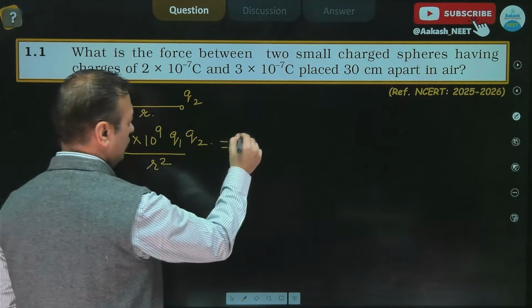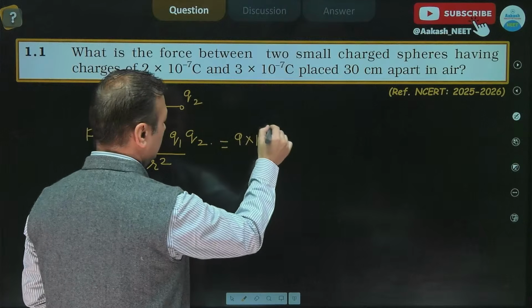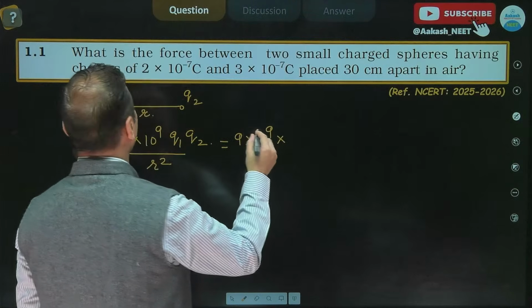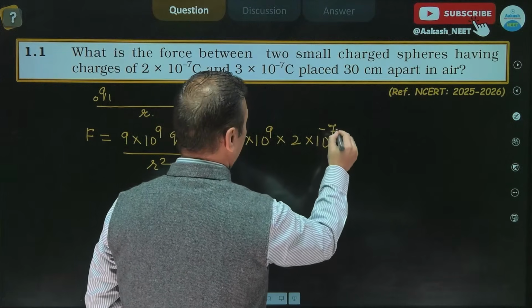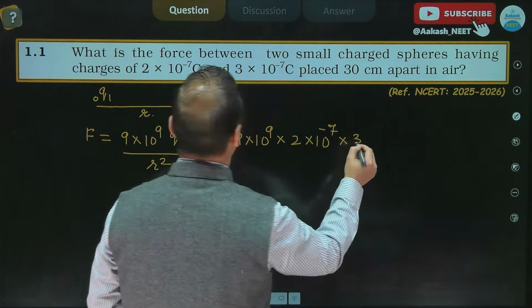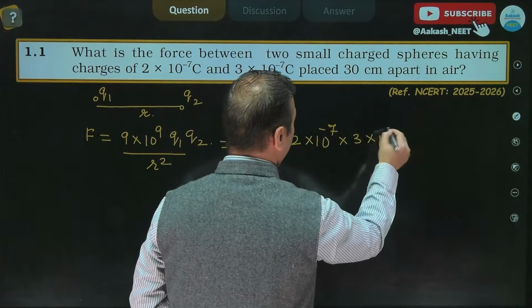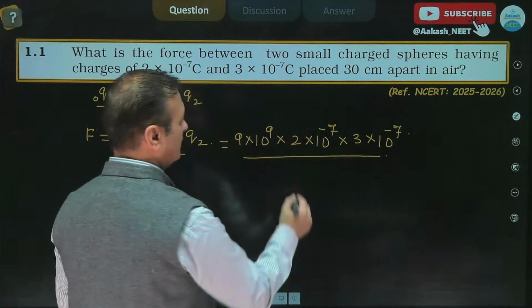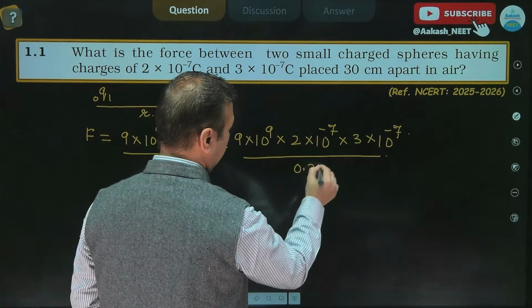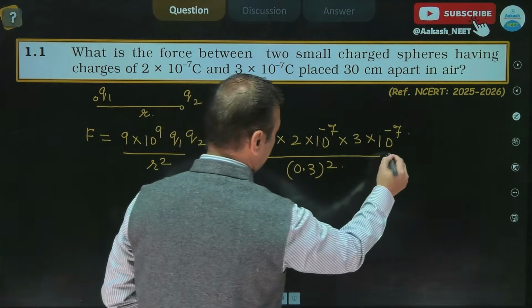So put the values of Q1 and Q2. Q1 is 2 into 10 to the power minus 7, and this is 3 into 10 to the power minus 7, and 30 centimeter means 0.3 meters, whole square.